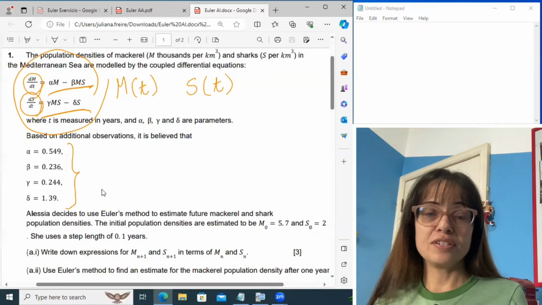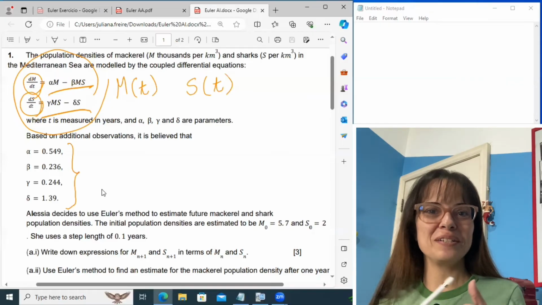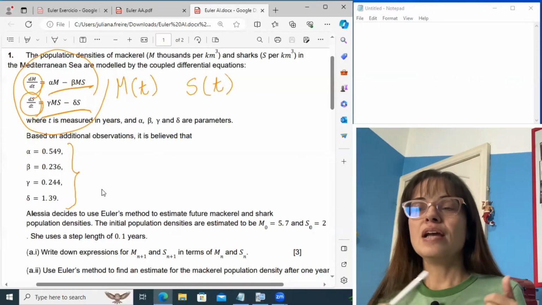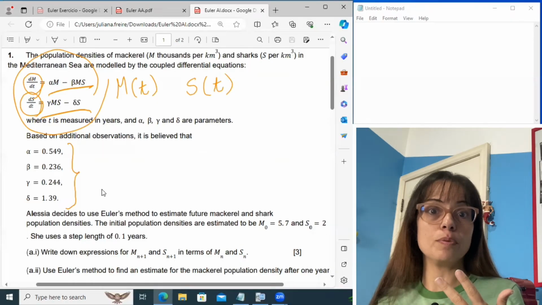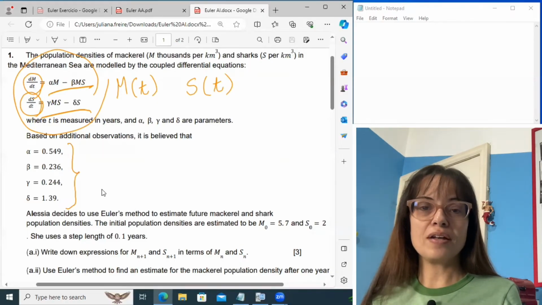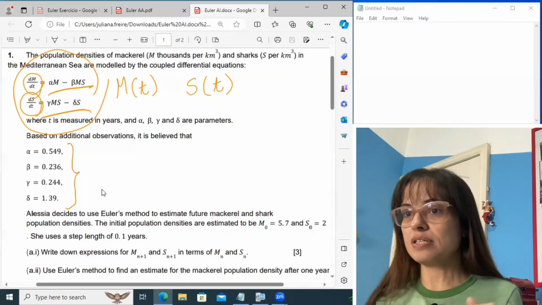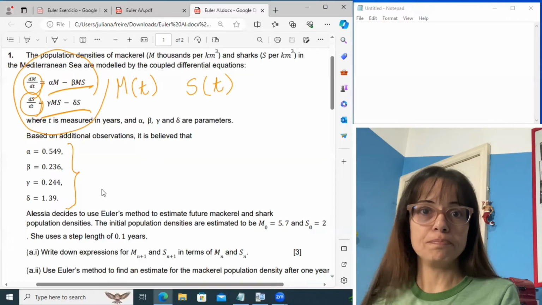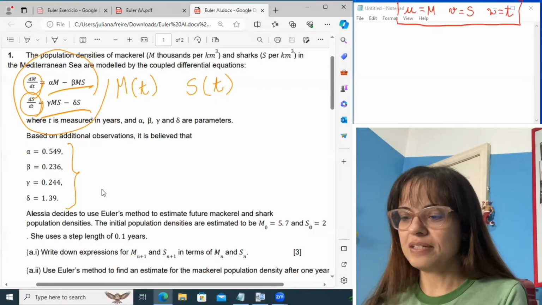But the thing is that in this context, we really do have 3 variables, right? One is the independent variable t, and then m and s as dependent variables. So that's why it's important that the calculator has also those 3 letters, u, v, and w, because this time we are going to use all 3. I'm making a choice here to use u as m, v as s, and w as t.